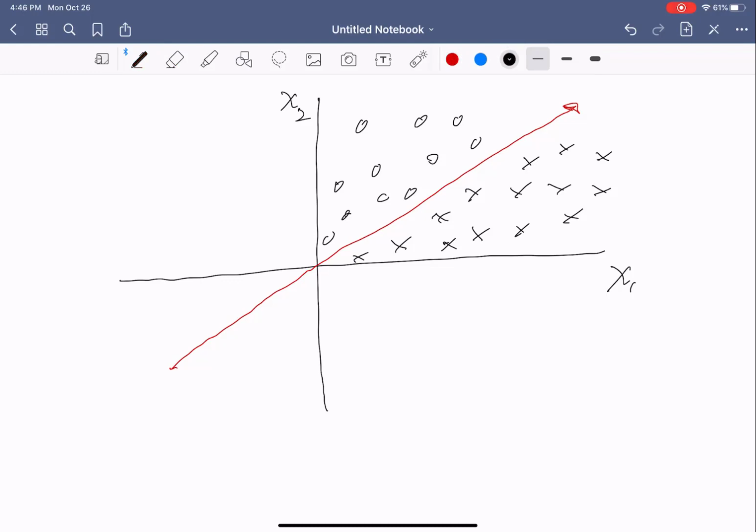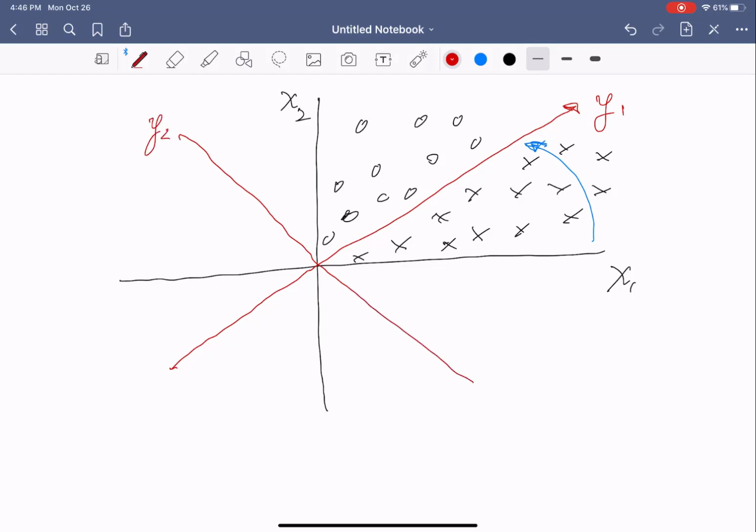So what we want to do is rotate the axes this way, so that this becomes y1, and then to keep it orthogonal, we have a y2, which is here.